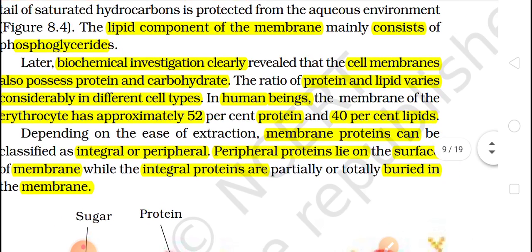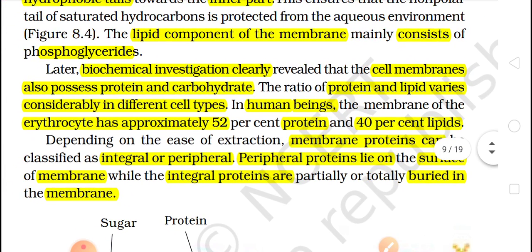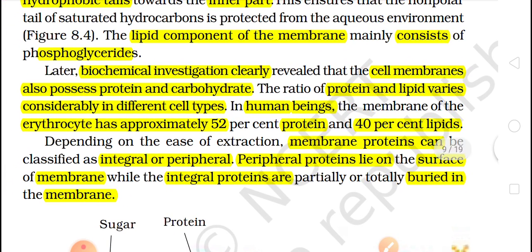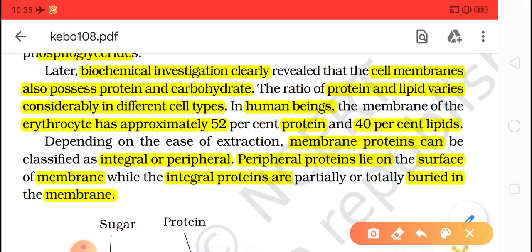Later biochemical investigation made clear that the cell membrane also possesses proteins and carbohydrates. Lipids we have seen, but later discovery about the plasma membrane proved that it also consists of proteins and carbohydrates.